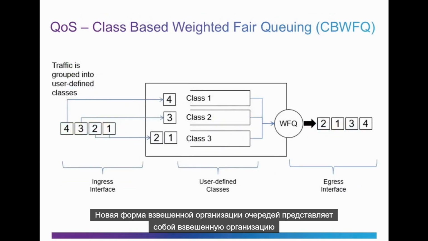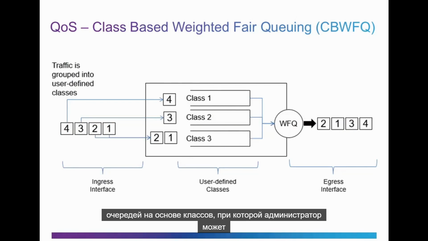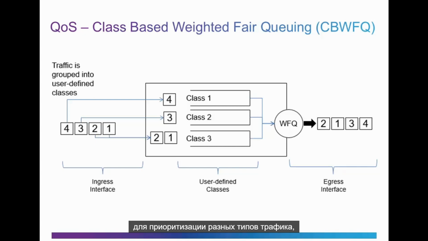So high classification packets are prioritized when they're sent out of the router. A newer form of weighted fair queuing is class-based weighted fair queuing, where specific classes of traffic can be configured by the administrator and used to prioritize different types of traffic.